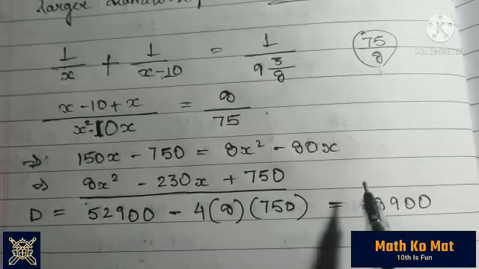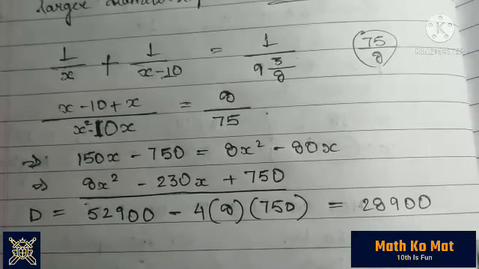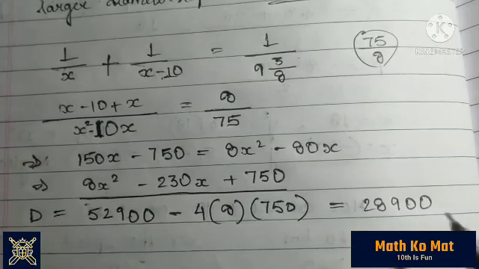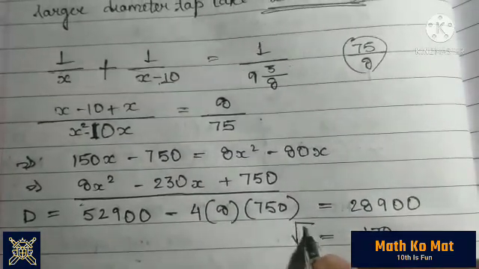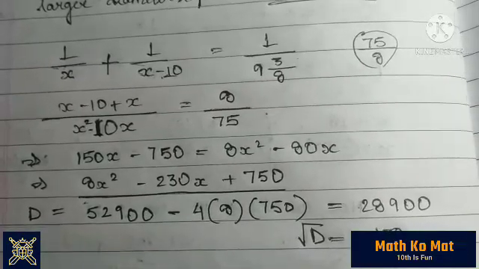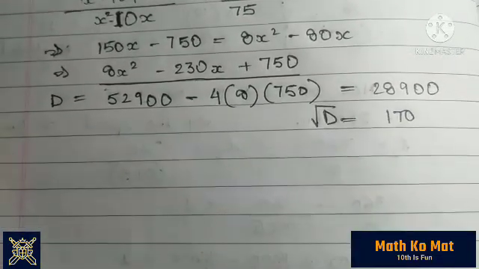289 means 17 square and 00 means 100, so 10. So you get 170 as the square root of D. So root D is equal to 170, and now it's very easy for us to find alpha and beta.